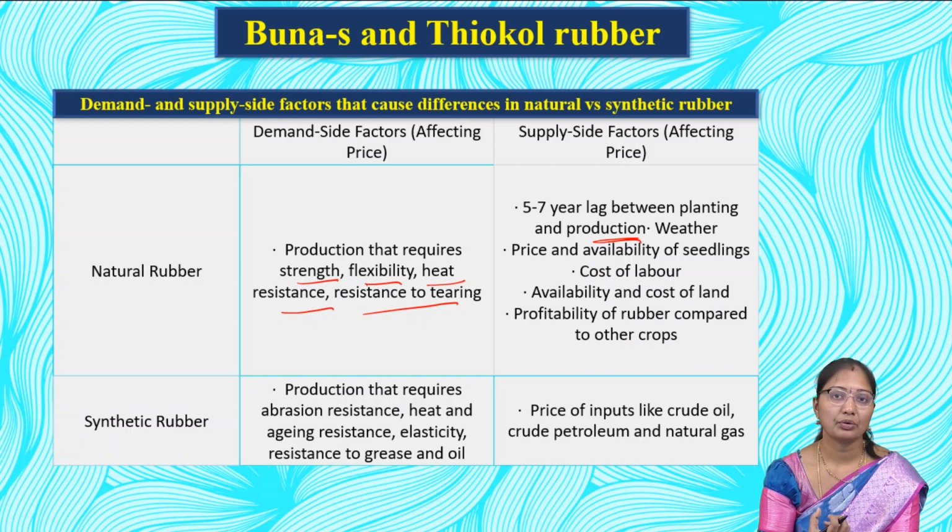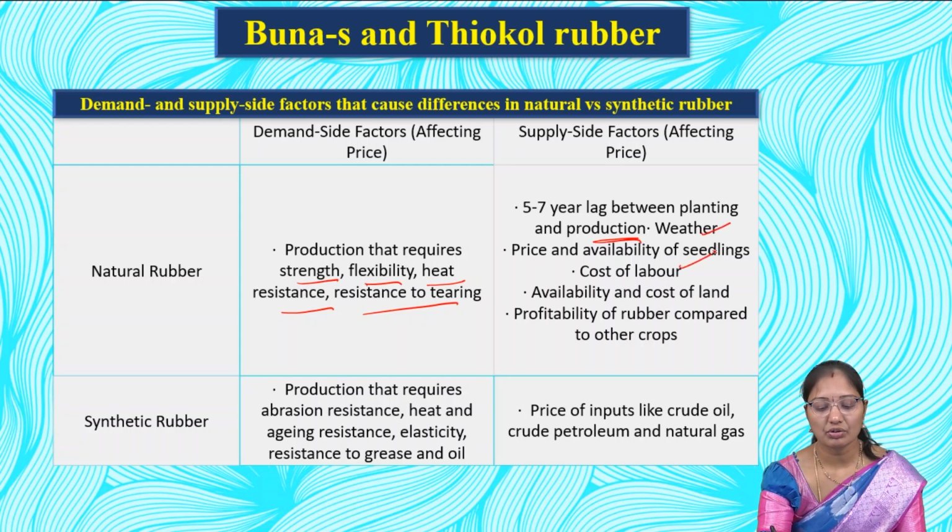Price and availability of seedlings, cost of labor, availability and cost of land, and profitability of rubber relative to other crops are supply side factors.